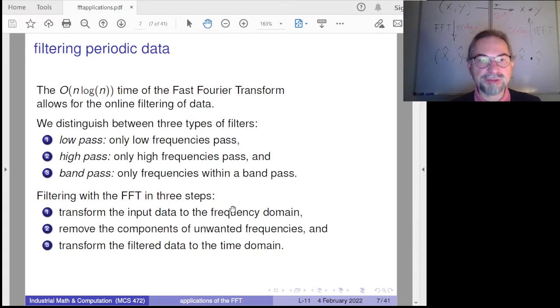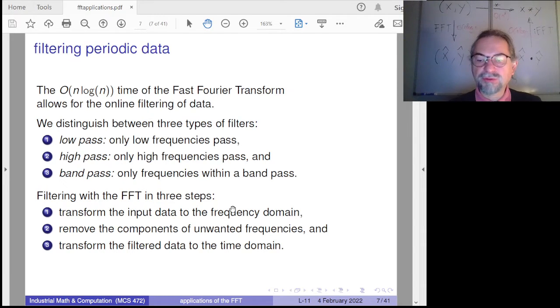We will distinguish between low-pass filters, filters that remove the highest and the middle frequencies. Then there is the high-pass filter where only the high frequencies are passing. And then there is the in-between, the band pass, where we can set only certain frequencies to pass. That's the concept.